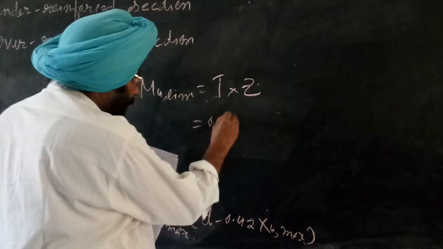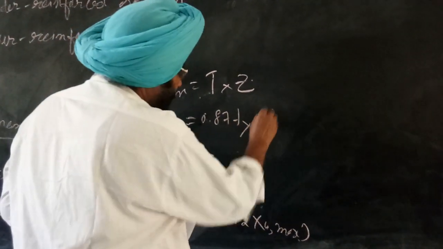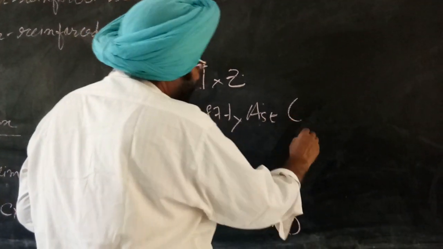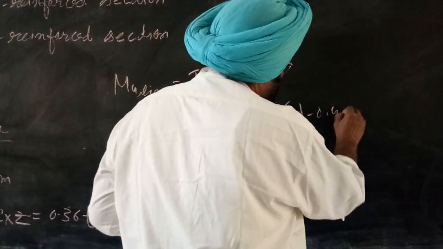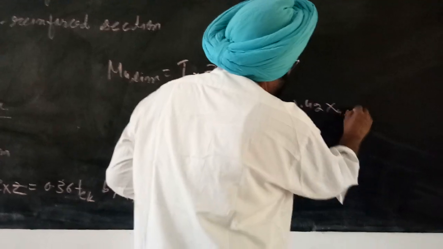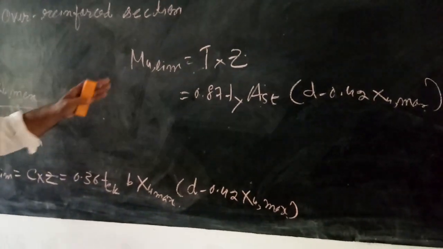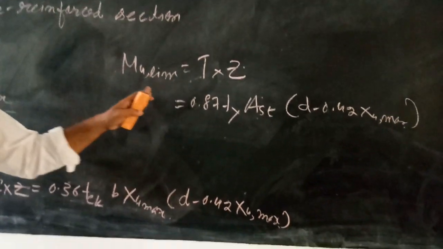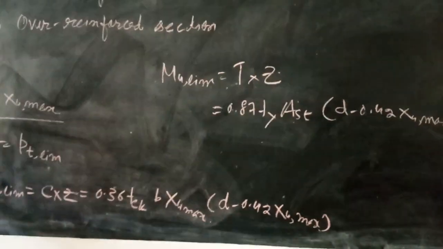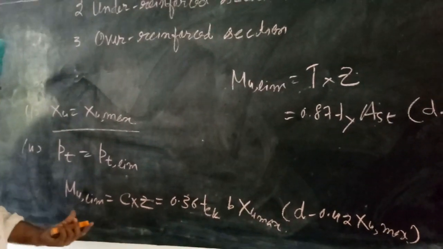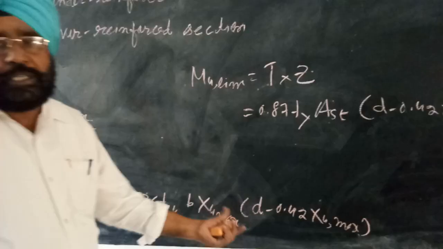So T equal to 0.87 Fy into Ast, into d minus 0.42 xu max. So these are the equations for the limiting moment of resistance.